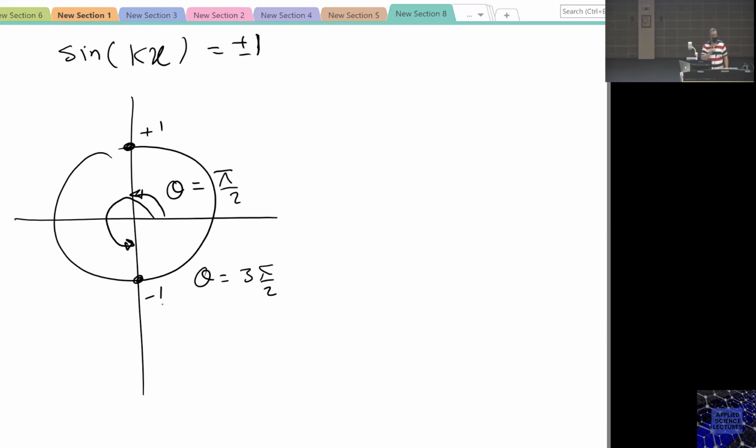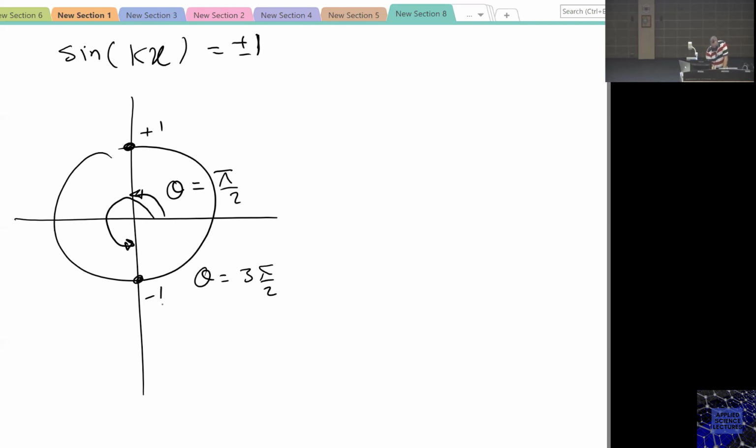The only difference between the antinodes and the nodes is the starting phase. In the nodes, I'm starting from 0, and then I'm going pi, 2 pi, 3 pi. For the antinodes, I'm starting from pi/2, and then I'm adding pi to it, becomes 3 pi/2. Then add pi to it, becomes 5 pi/2, and so on.